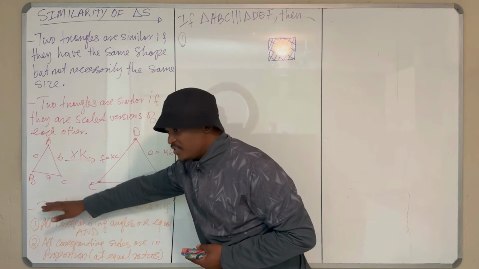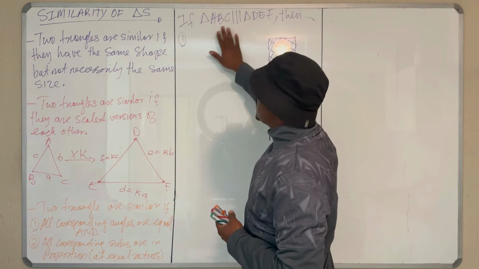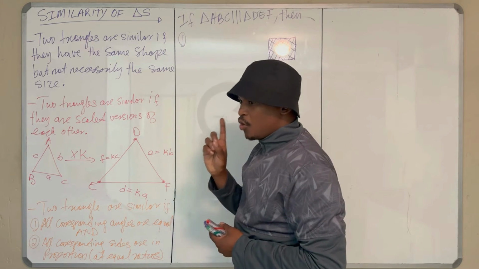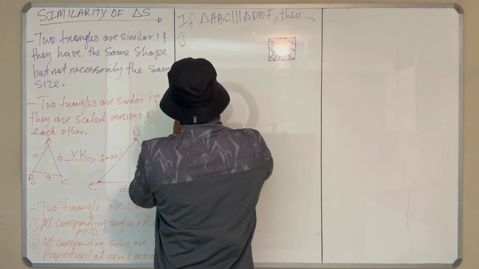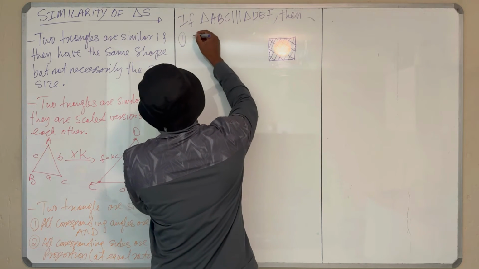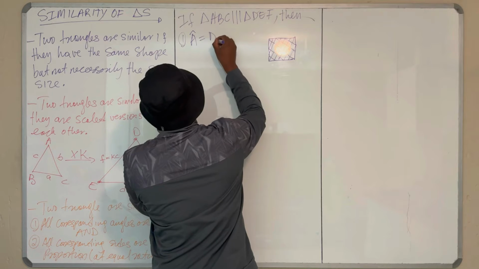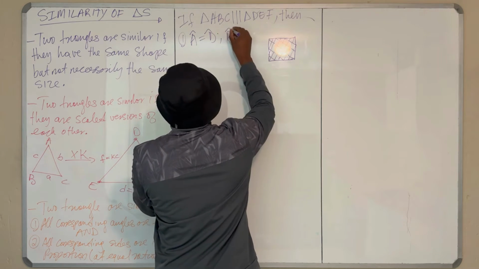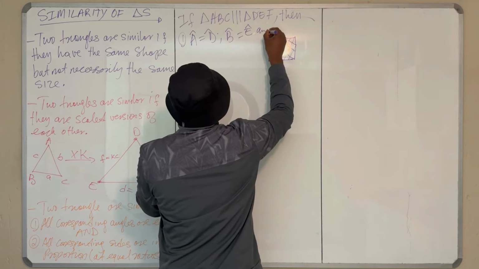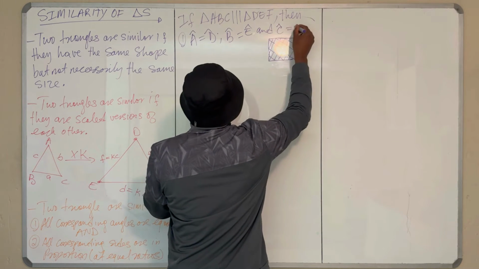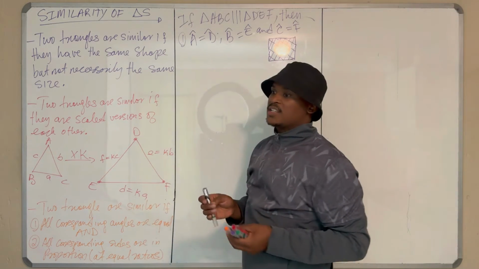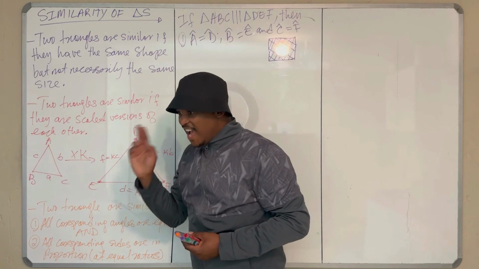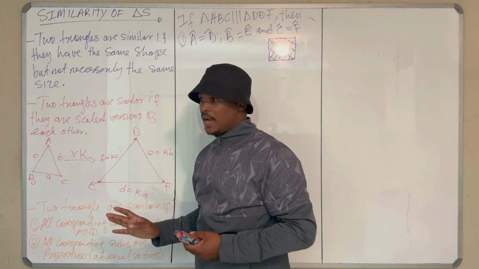So, according to this definition, if you're saying these two triangles are similar, that's what you need to know, that corresponding angles are going to be equal, which means your angle A is equal to angle D, your angle B is equal to angle E, and your angle C is equal to angle F. Yes, that's the first condition, and they both hold at the same time.